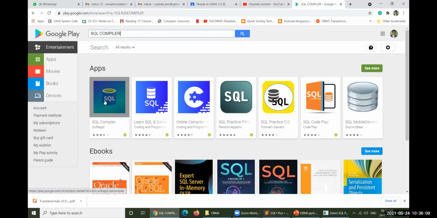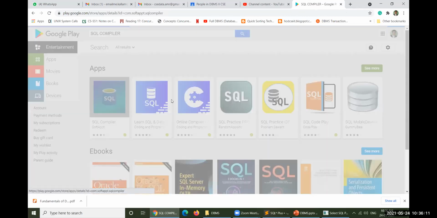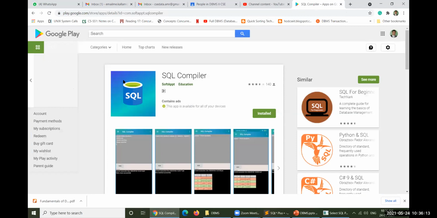It could be seen in such a way. Look at this, this is the icon. Please note, please install it into your Android phone so that you can apply some queries that I am going to give you in this particular SQL.